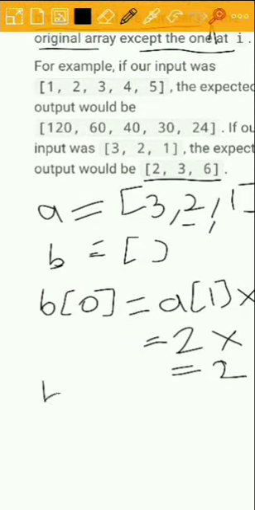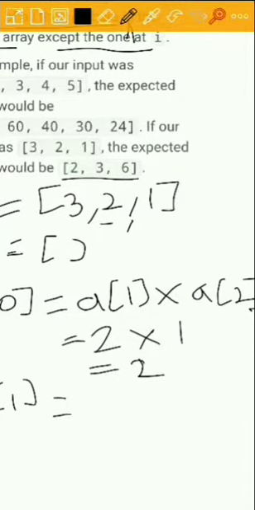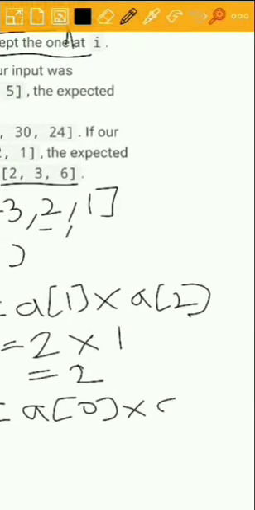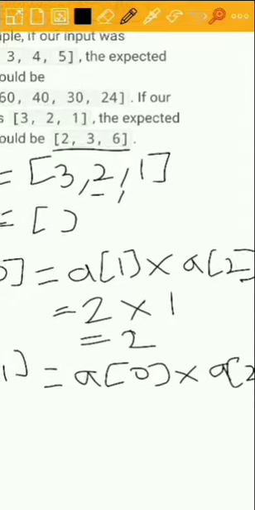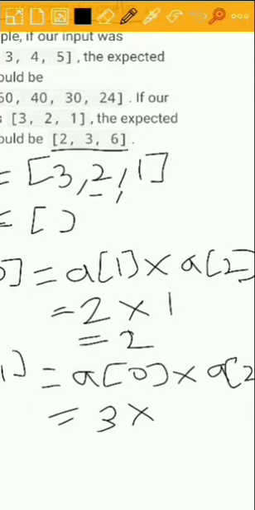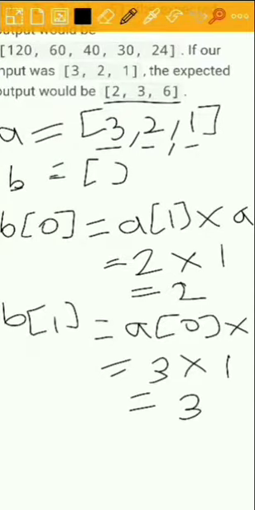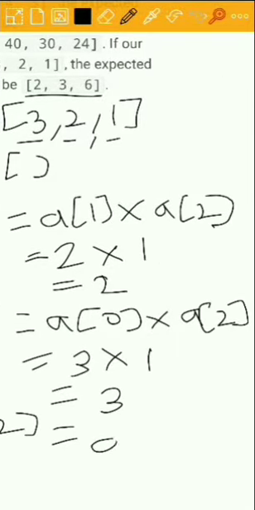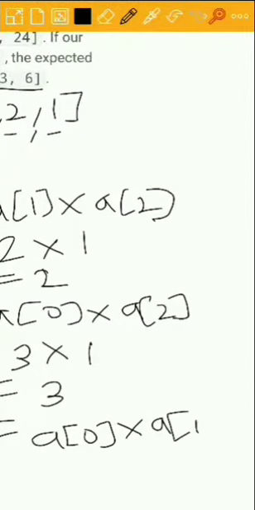Similarly, B of 1 should be the multiplication of A of 0 and A of 2, skipping A of 1. So A of 0 into A of 2. A of 0 is 3 and A of 2 is 1, so 3 into 1 is 3. And B of 2 should be the multiplication of A of 0 and A of 1.